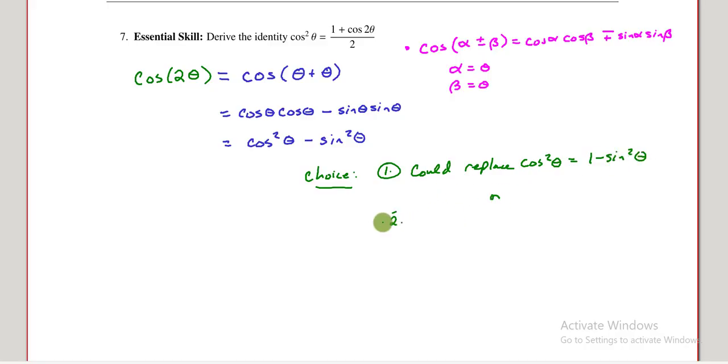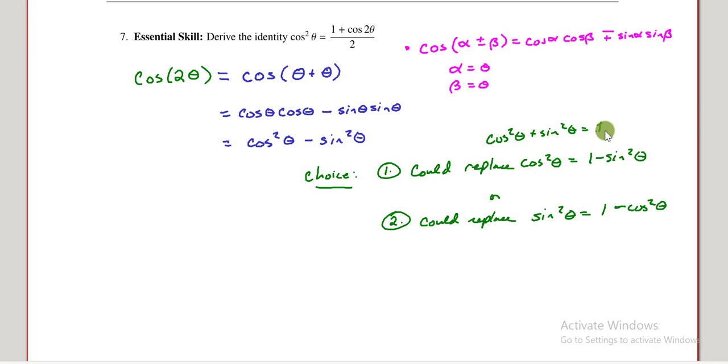Or we could replace the sine squared of theta with 1 minus the cosine squared of theta. Both of these are making use of the identity that cosine squared theta plus sine squared theta is equal to 1. So I'm going to replace one of these expressions with a variation of the other using my Pythagorean identity from the last unit.